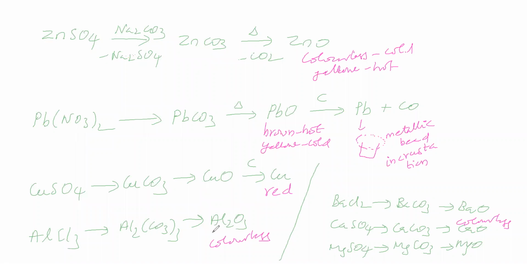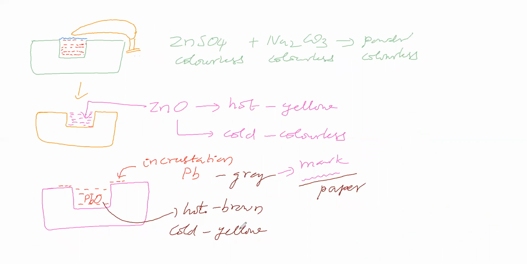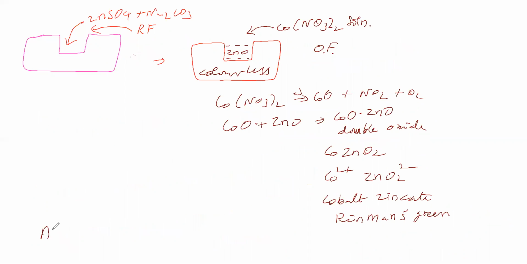Aluminum chloride is giving alumina. It is colorless. Therefore, it can be taken to the cobalt nitrate test. Alumina with cobalt nitrate, in the cobalt nitrate test, will give cobalt oxide.